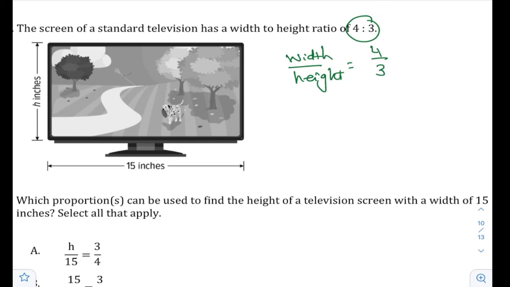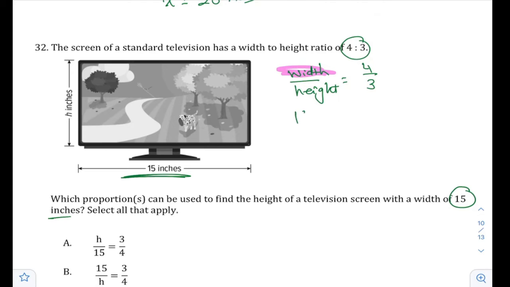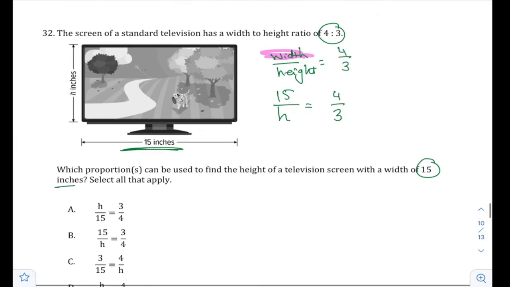Now, the width here is given to be, as you see here, which proportion can be used to find the height of a television screen with a width of 15 inches. This is the width. So I will replace the width of 15 over the height that I don't know is equal to 4 over 3. Now, this is the summary. I'm summarizing while I am reading. So which one matches with this proportion?